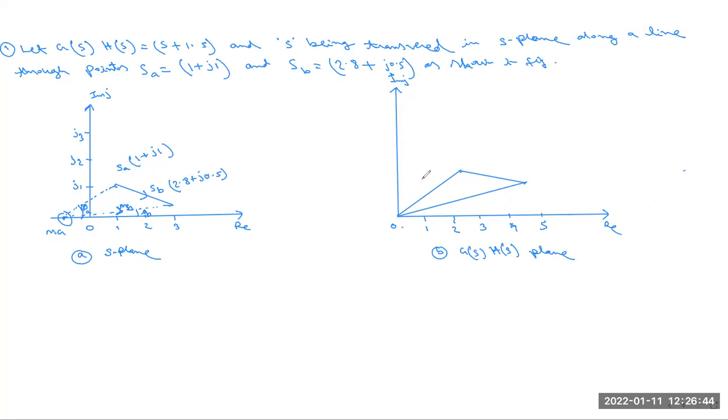Okay, so this is the MA, and with the real axis it makes an angle that is phi A, and this is MB. This is the angle phi B.